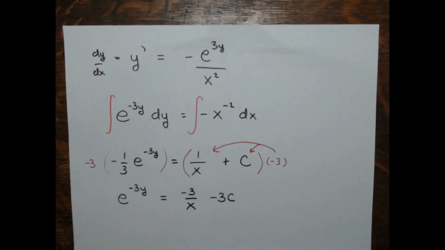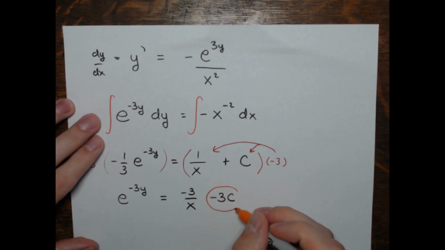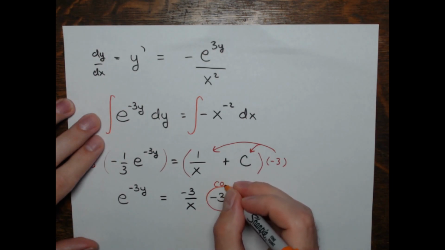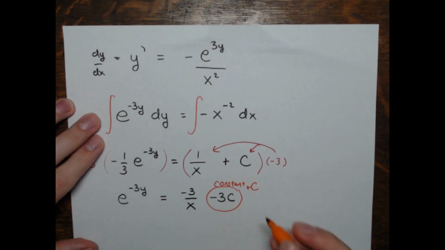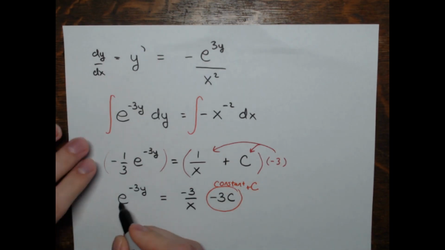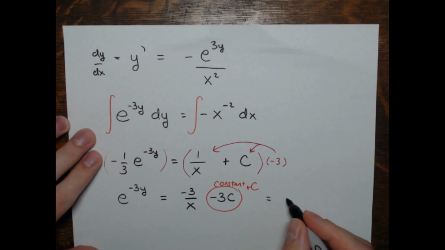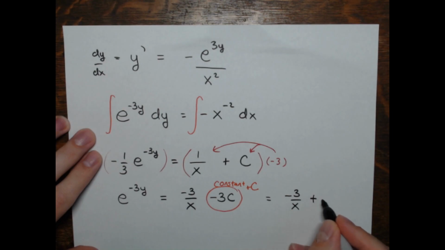But like I've been doing in several of these examples, this here is a constant, so I'm just going to call it c. So we have e to the negative 3y equals negative 3 over x plus some constant.